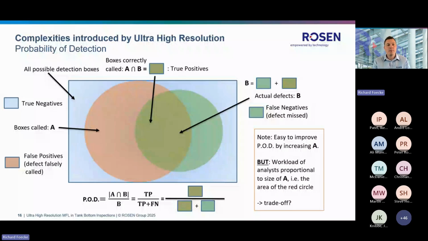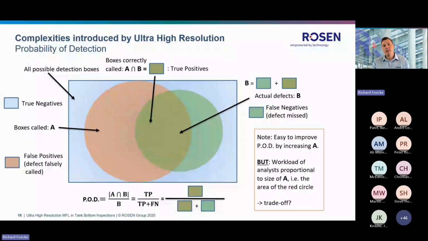The overlap between the red and the green circle are obviously the true positives, where there's a match between real corrosion and what the software identified as corrosion. This area we, of course, want to maximize. However, there are some remaining false positives, the so-called false calls, which are represented here by the red, and some false negatives that are not detected, which we, of course, like to minimize.